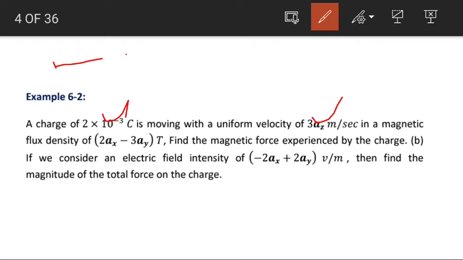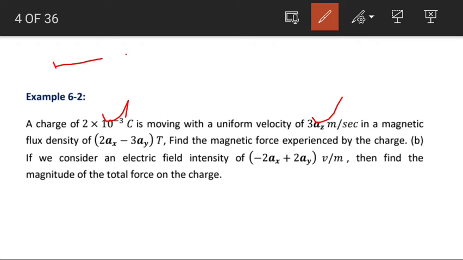So in part number 1 of this particular question, the charge of 2 × 10^-3 coulomb is moving with a uniform velocity of 3 AZ meter per second in a magnetic field. Force will be experienced by this charge due to the magnetic field, and we need to find out this force.